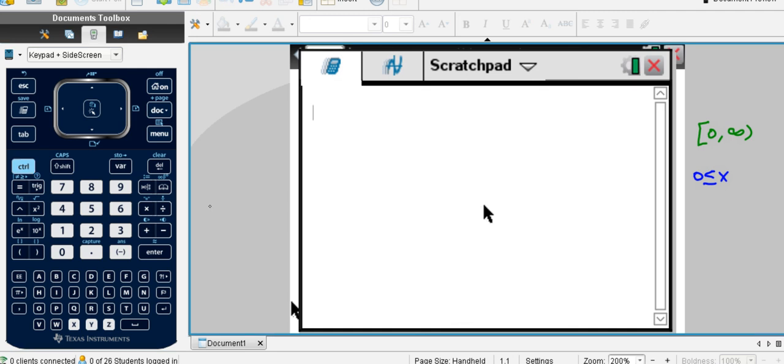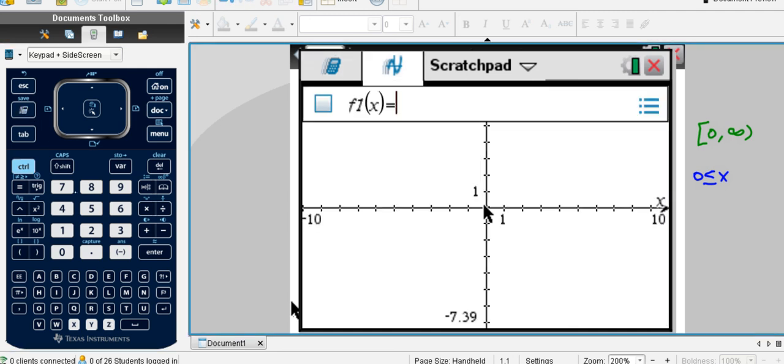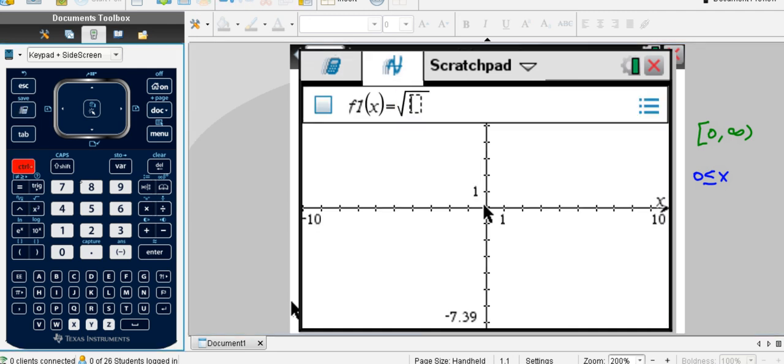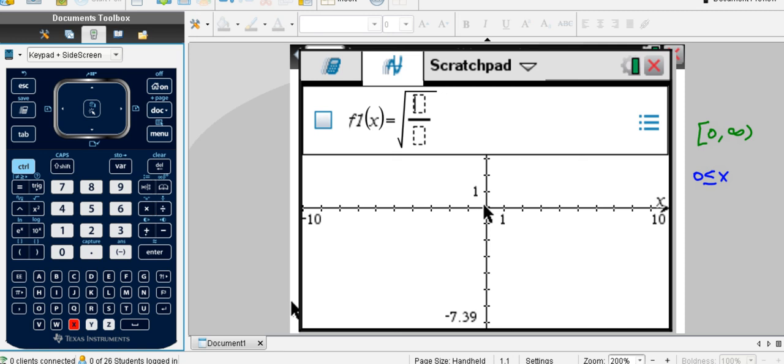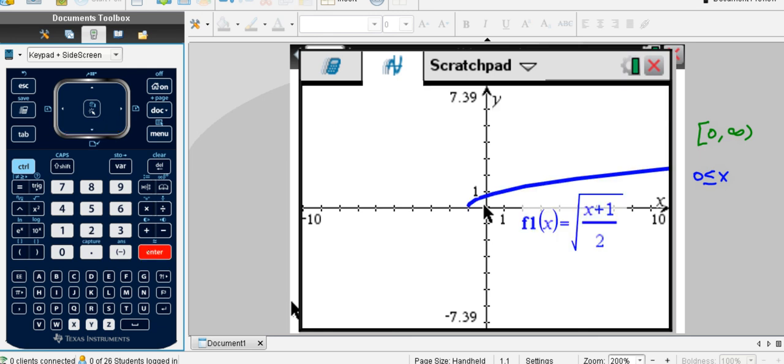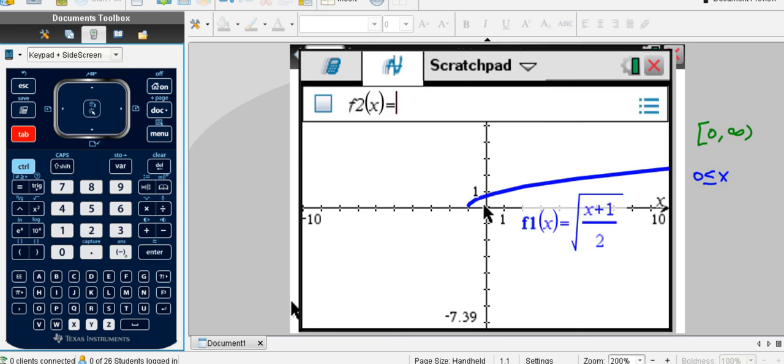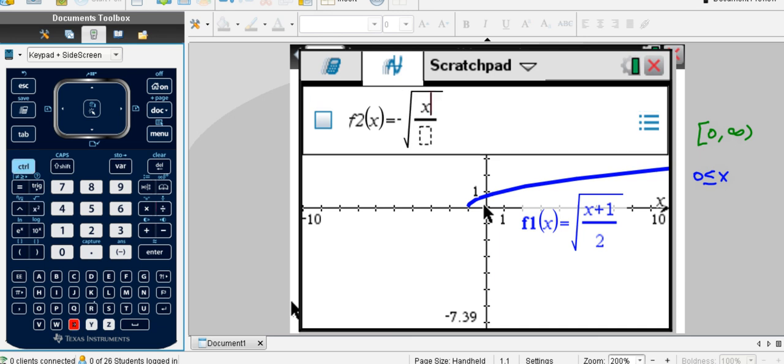I'm sorry, messing everything up. I have x plus 1 over 2. And then I would graph again and have negative of the same square root, x plus 1 over 2.